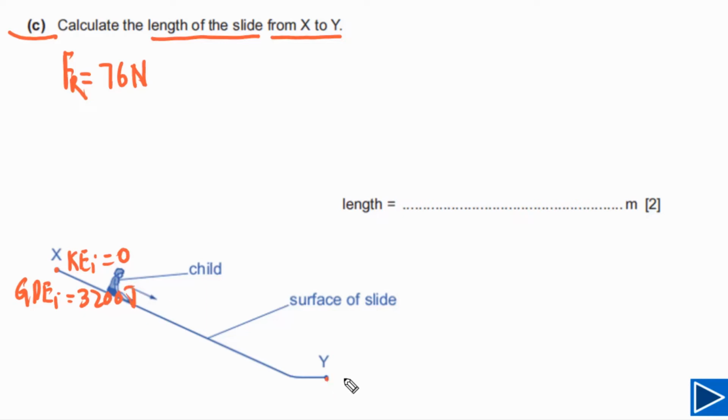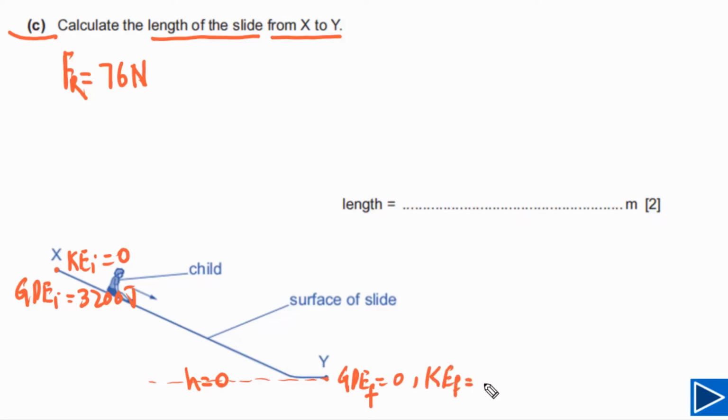At point Y, GPE is also given, that is equal to 0. And this is the final value of gravitational potential energy, because we are taking Y as our reference point, and at this point we are assuming H is equal to 0. So that's the reason GPE final is equal to 0. And kinetic energy at Y is also given to us.